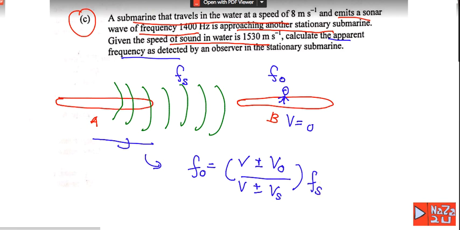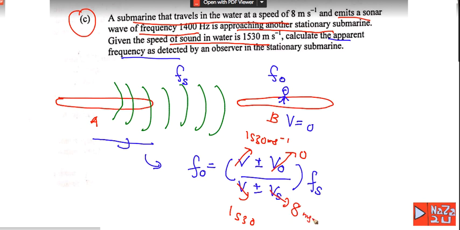Because the observer is stationary, that term is equal to 0, and the speed of sound in water is 1530. Here Vs, the speed of the submarine, is 8 meters per second.